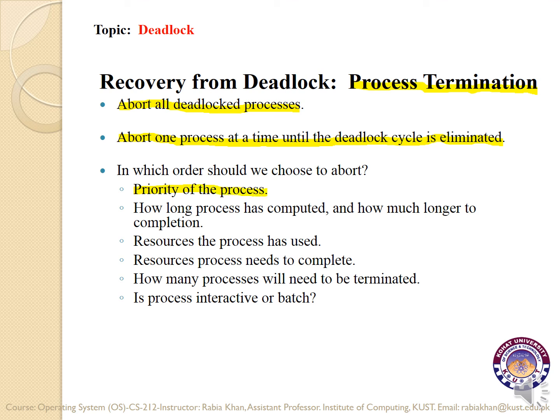A higher priority process will not be terminated. Instead, a low priority process will be selected as a victim to get terminated. Another criterion for selection of a victim may be the use of CPU time: how much time a process has spent on the CPU and how much more time it requires.